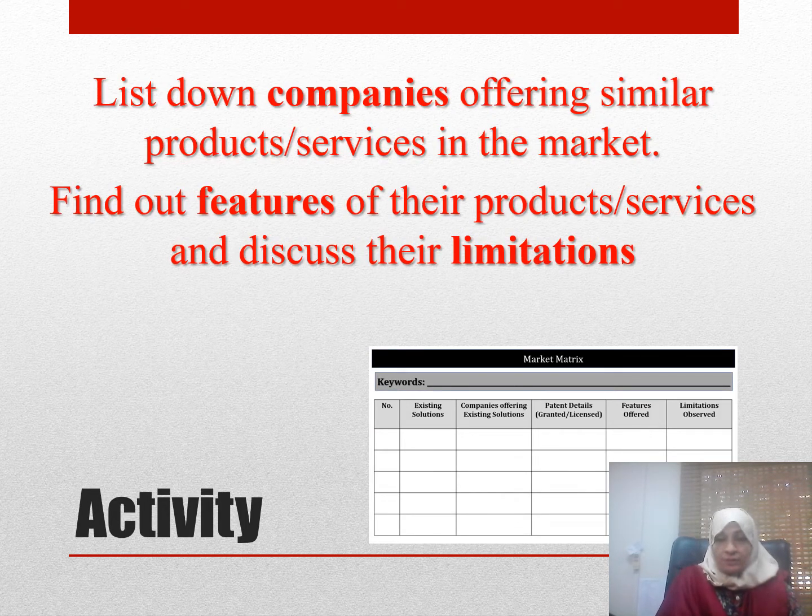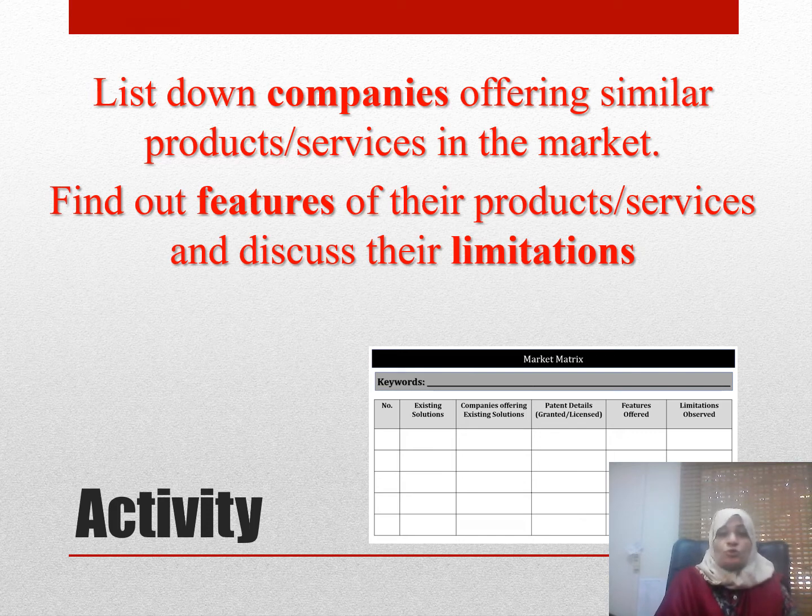I will upload this matrix in your assignment section. And in this assignment section, you will see that this, which is known as a market matrix, allows you to consolidate all the information that we have gathered so far. This market matrix allows you to list down the names of products and services available as existing solutions to solve the problem.